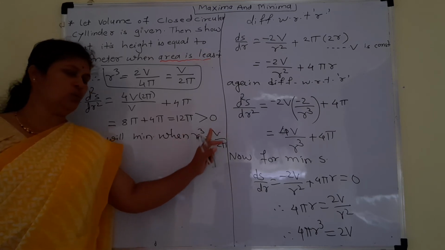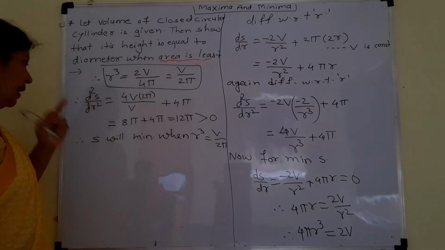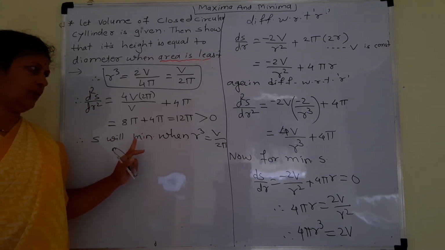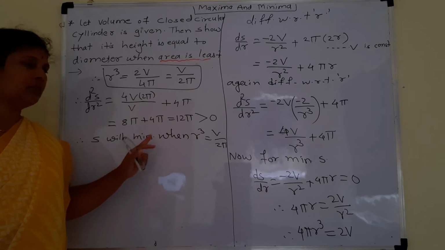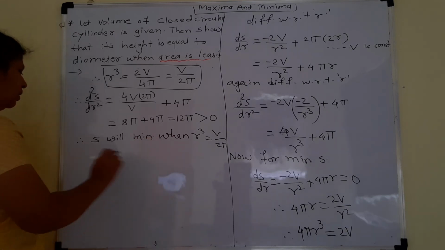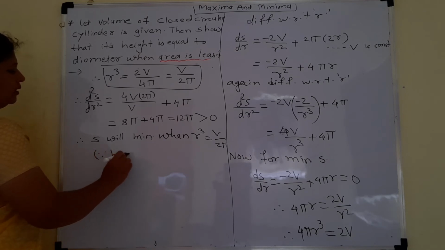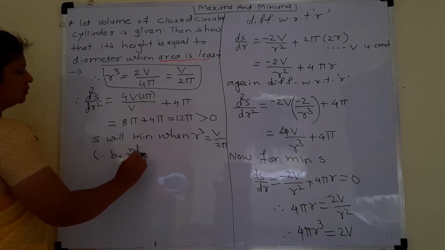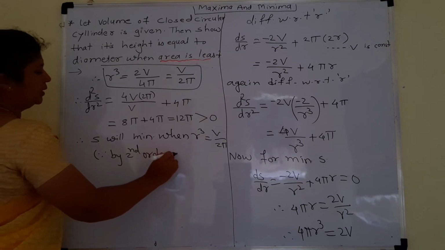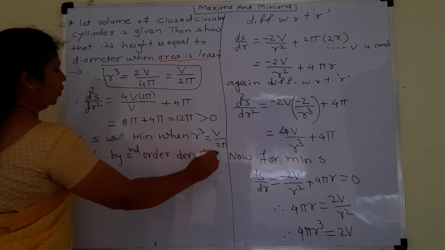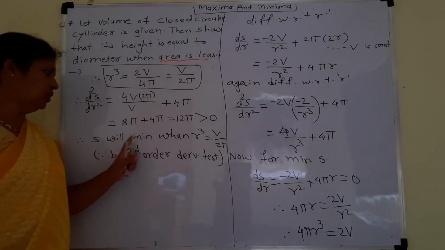R cube is equal to v upon 2 pi. At that time s will be minimum. And how we can say this? This is by second order derivative test. Okay. Now this will be minimum.